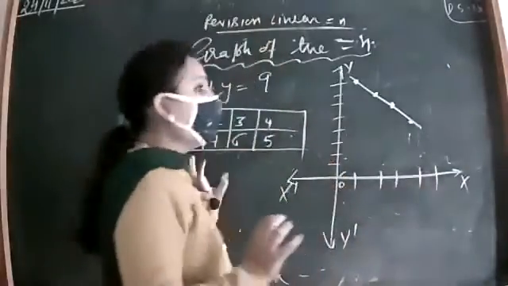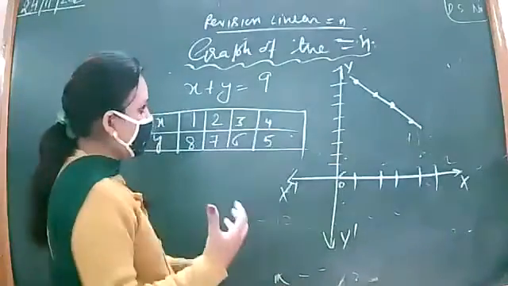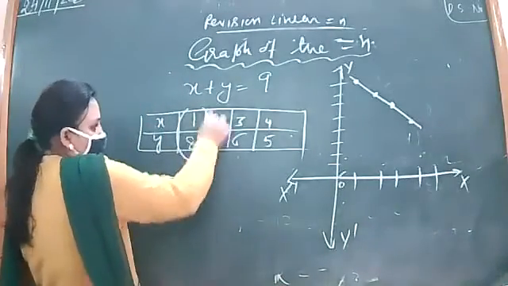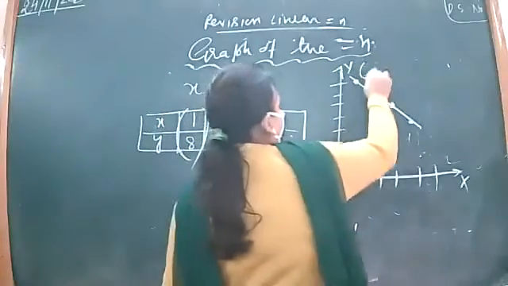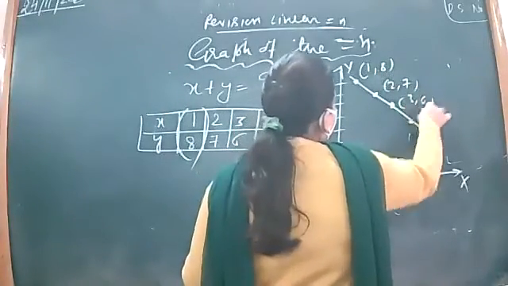So let us make some observations regarding this graph. The first observation is that every solution of the equation lies on the graph. This is the point (1, 8), and I have plotted it like this, then (2, 7), then (3, 6) and then (4, 5).